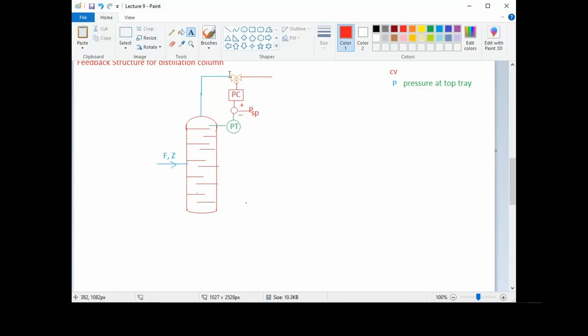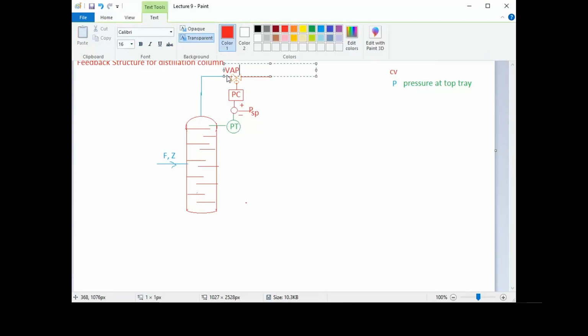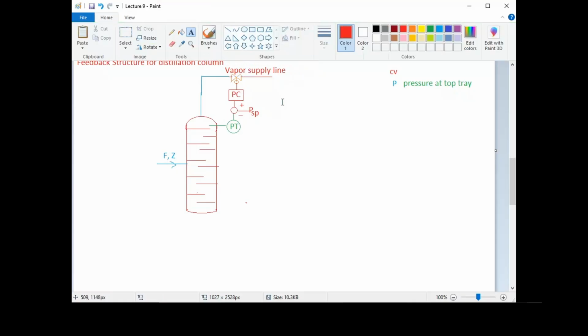And valve will be there on the supply line of the vapor supply line. Right. So this is the vapor supply line to the condenser. Right. This is the first feedback loop.